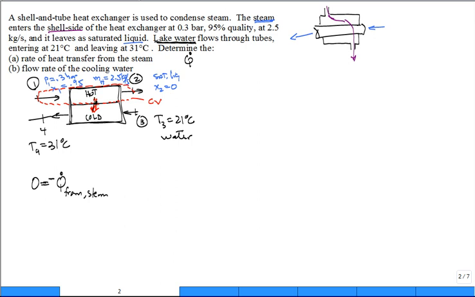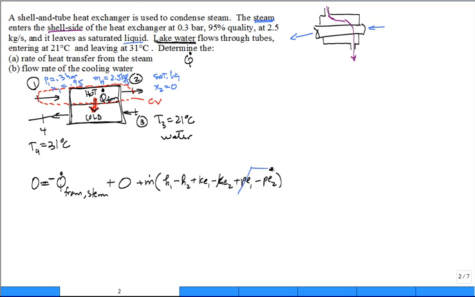I didn't really label it that well, but Q dot right there from the steam. Is there any shaft work? No. And we have the mass flow rate. It comes in at state 1, out at 2. In with kinetic energy 1, out with kinetic energy 2. In with potential energy 1, out with potential energy 2.